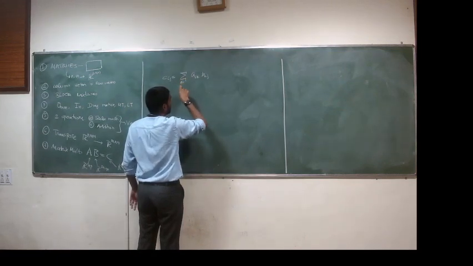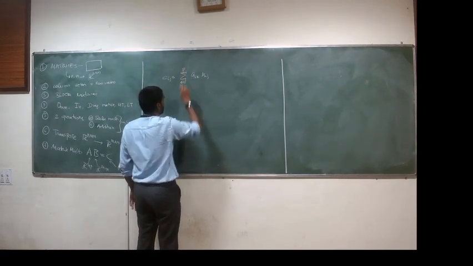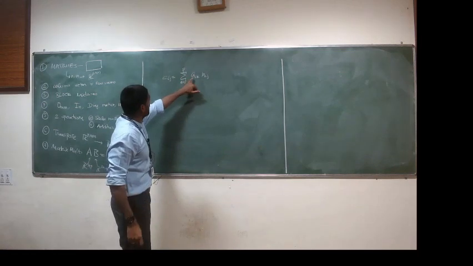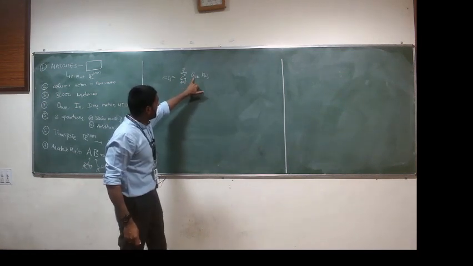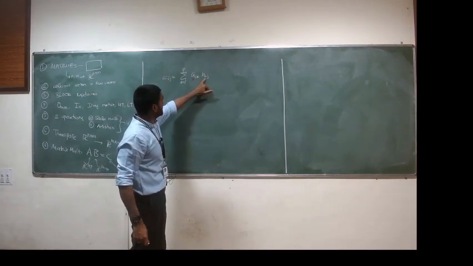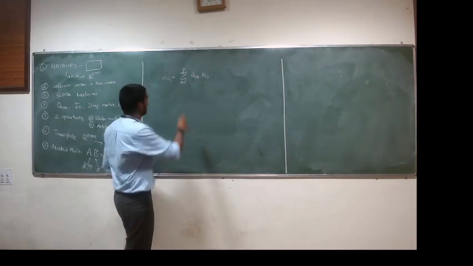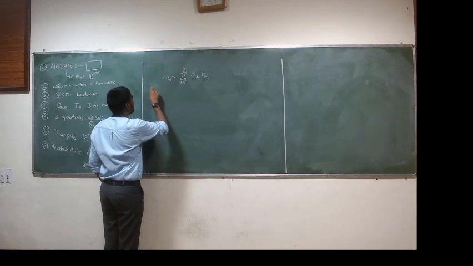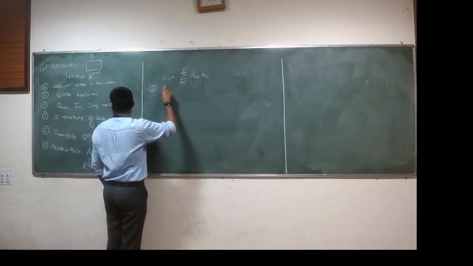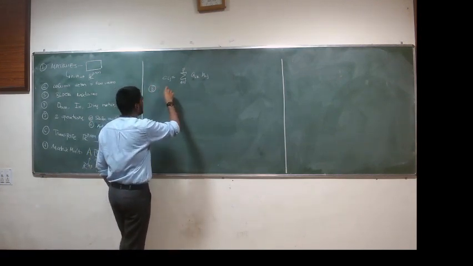And what is the summation over? That means you take the elements of the ith row of A and jth column of B, multiply the individual elements, and then add them all together. Okay. And then we looked at simpler cases of matrix multiplication, right?